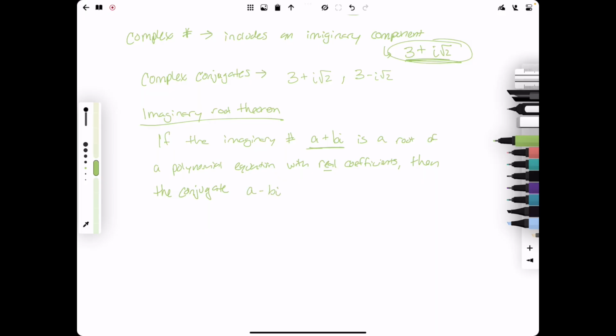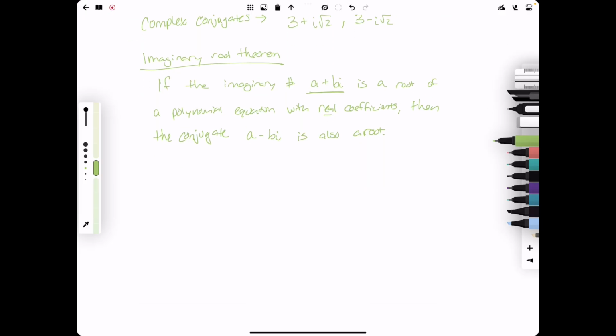A minus bi. Yep. Then it's also a root. Okay? Not too bad.